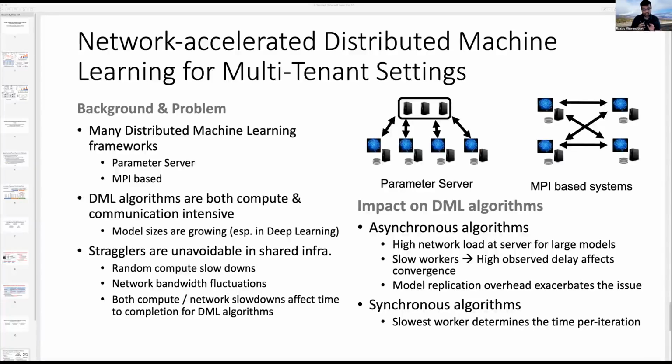This is true whether it is a parameter server architecture or an MPI-based system. In the MPI-based system, it's the worker bandwidth that gets consumed. In the parameter server-based systems, the worker has to talk to the server, and that's what causes the network overhead.